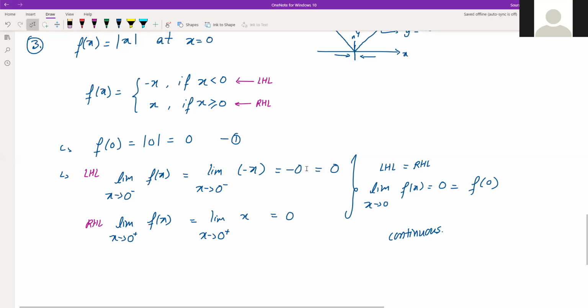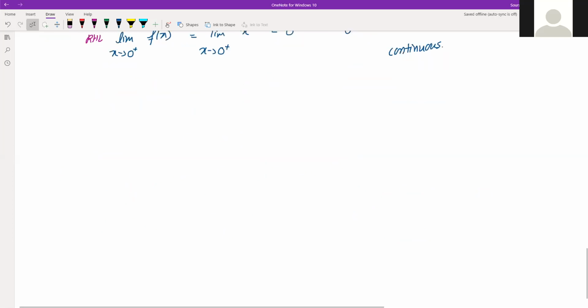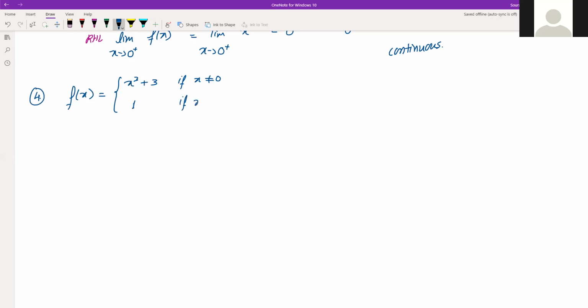So that's it for this question. Okay, next, let's solve one more problem. Now the function is x cube plus 3 if x is not equal to 0, and 1 if x is equal to 0.